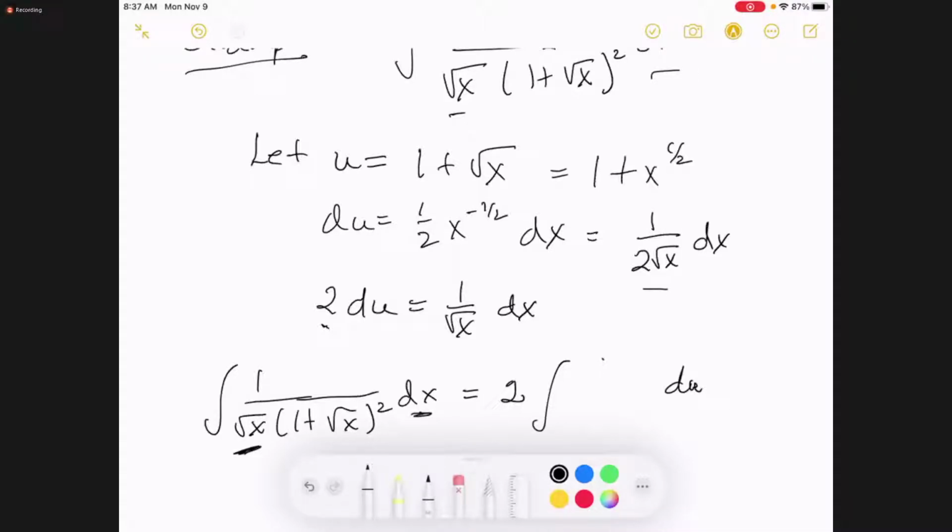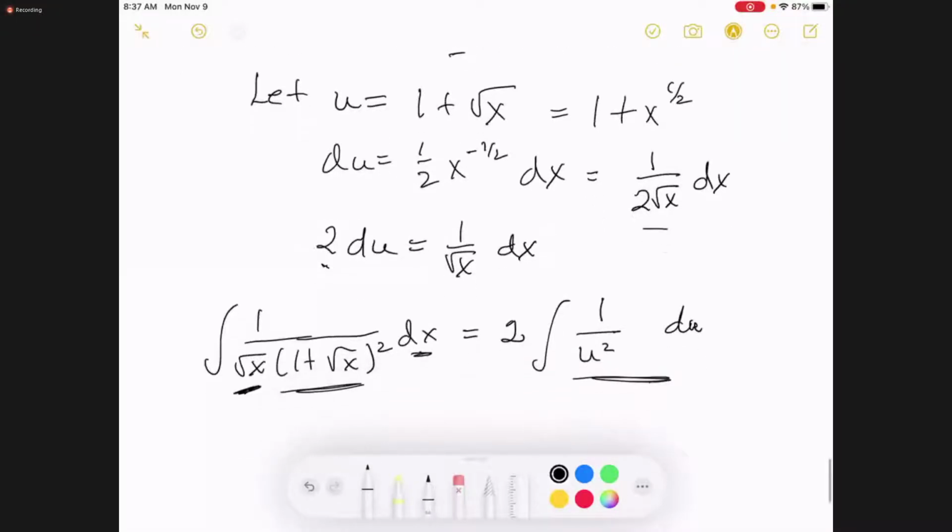So all that's left is 1 over u squared. And this is a lot easier to evaluate than this is, right? That was the whole point of using this technique, to make your problem easier.